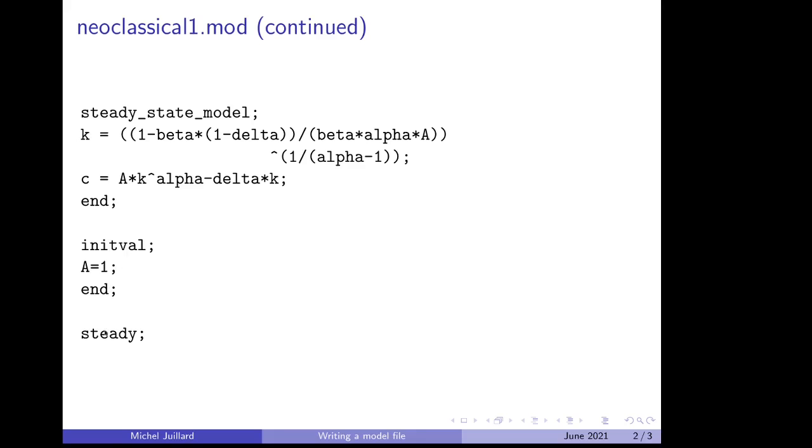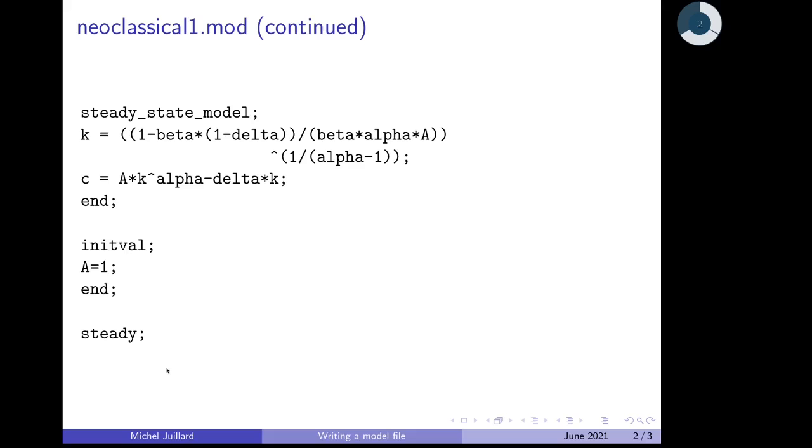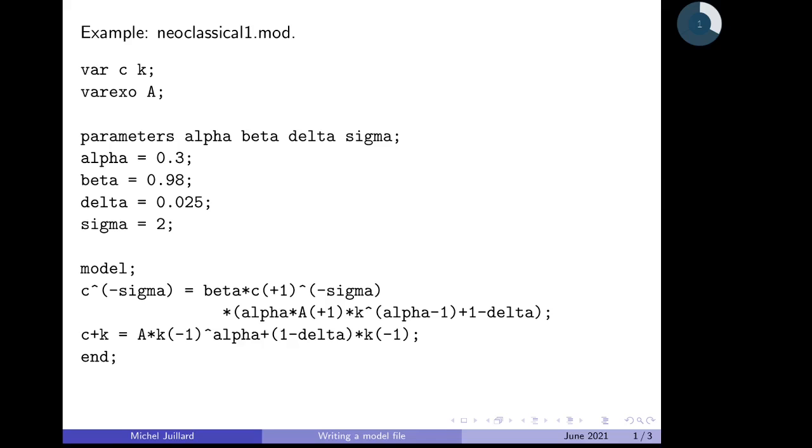Finally, in this file, we are going to do only a very simple thing. With the steady command, again semicolon, we are going to check that this definition of the steady state is in fact correct, that it corresponds to that dynamic model, and display the numerical value given A equal to 1 and these values for the parameters.